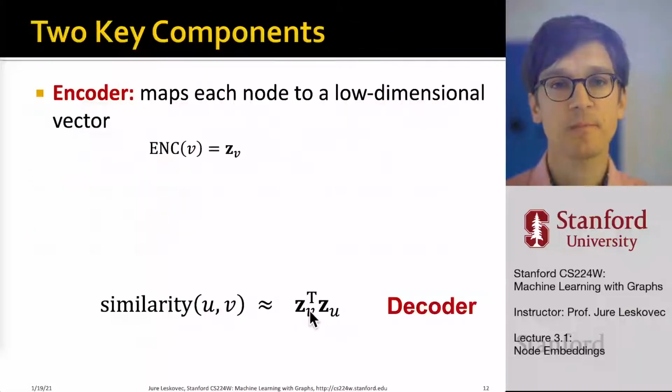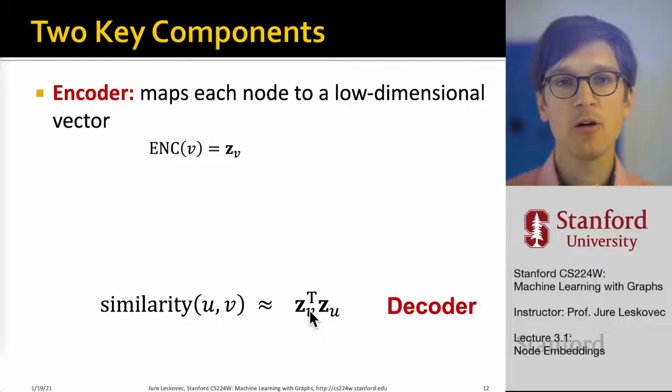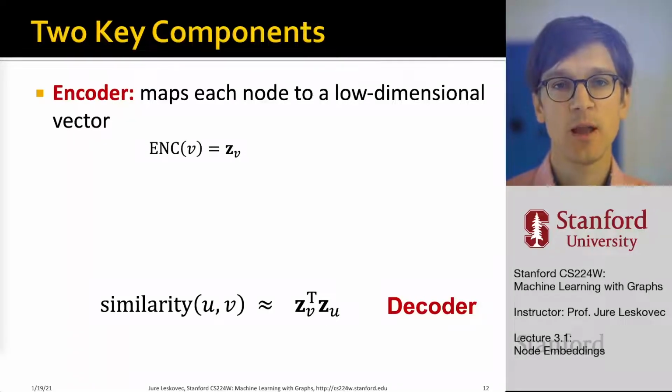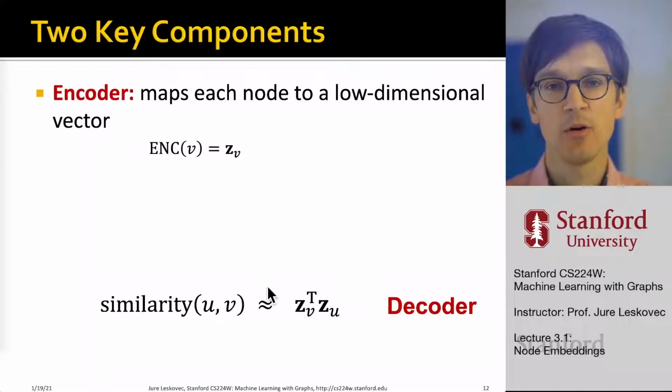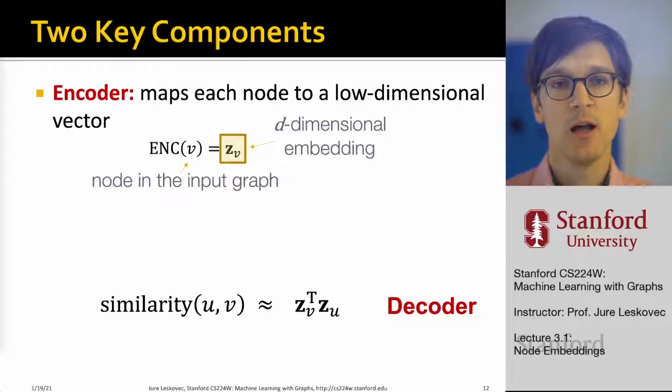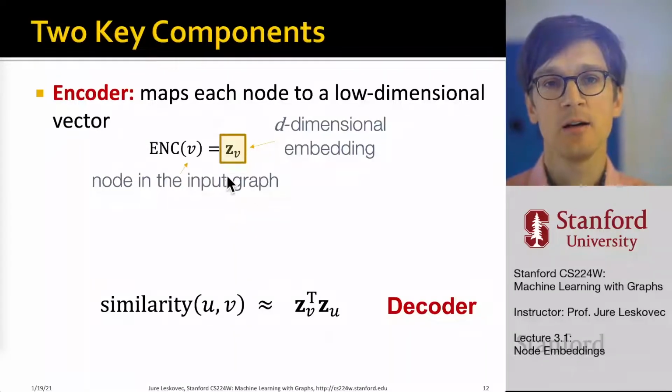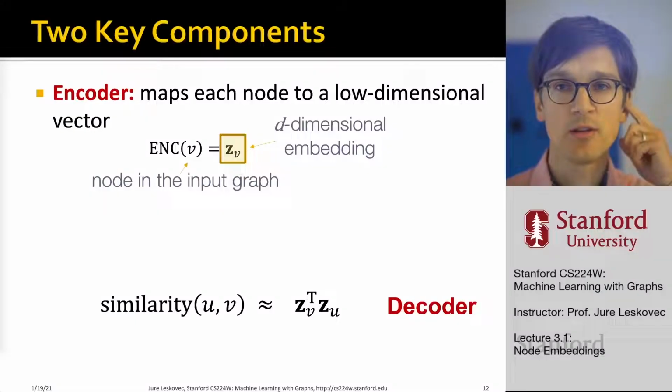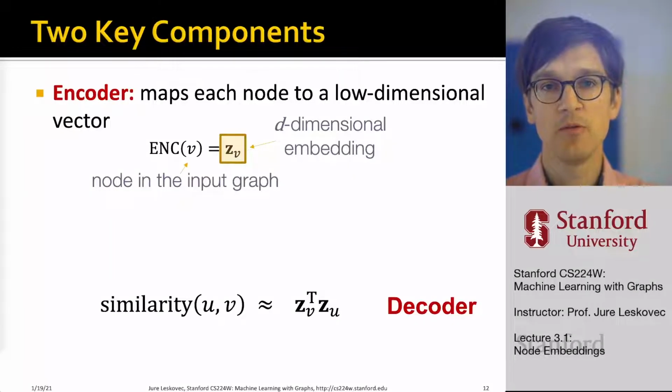So the encoder will map nodes into low-dimensional vectors. The encoder of a given node will simply be the coordinates or the embedding of that node. We talked about how we are going to define the similarity in the embedding space in terms of the decoder, in terms of the dot product. And as I said, the embeddings will be in some d-dimensional space. You can think of d between, let's say, 64 up to about 1000.